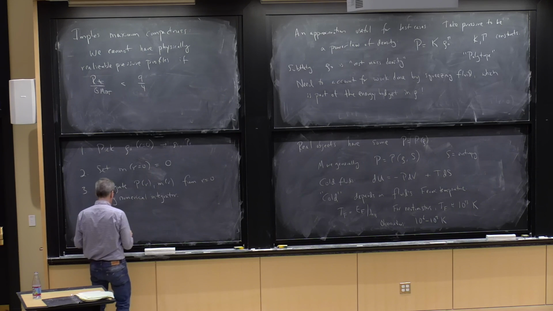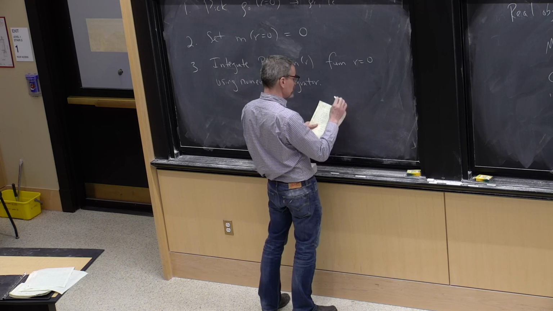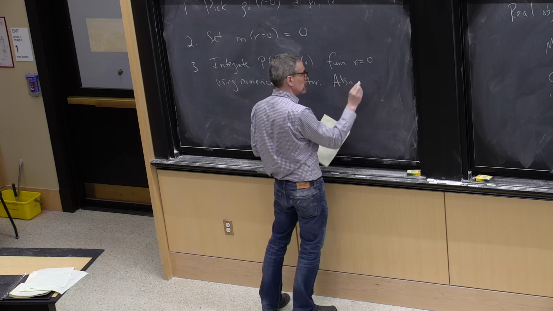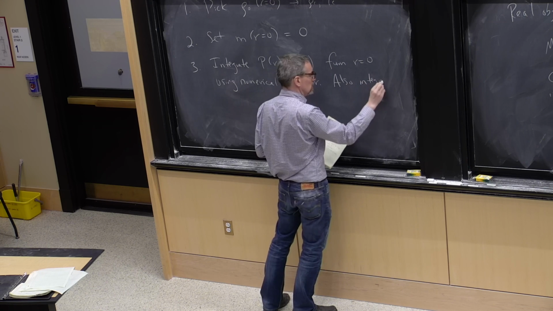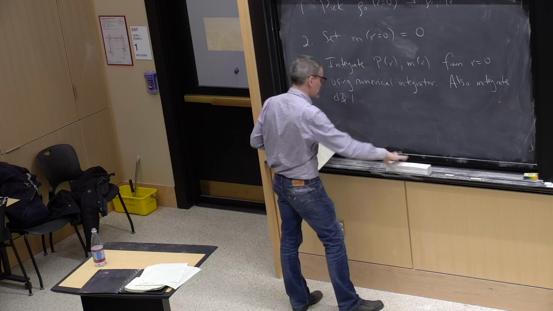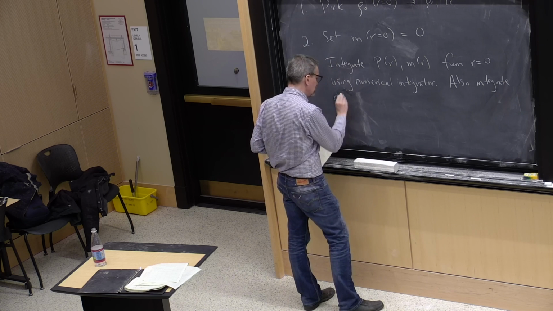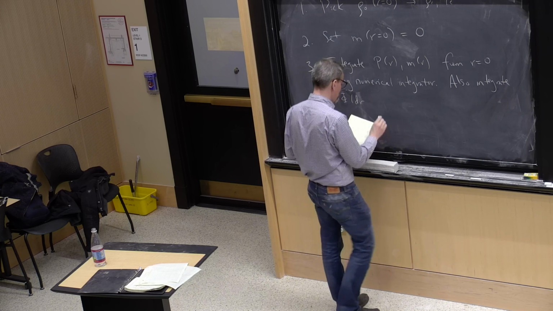You can also, while you're doing this, this is not necessary to make your model, but it's very useful to do this. You can also integrate d phi dr from the center.